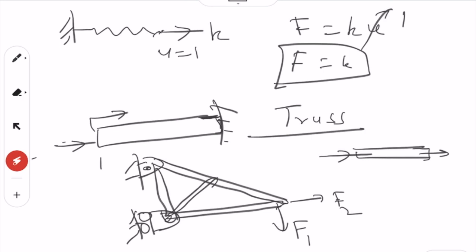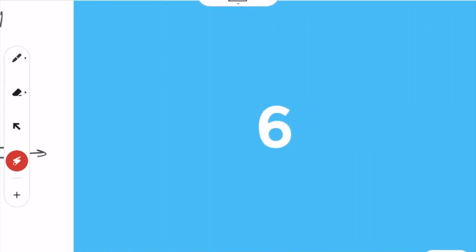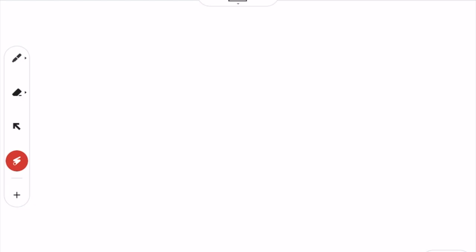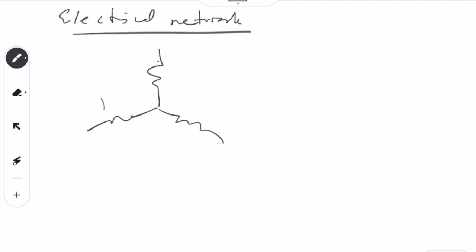All the elements whatever we studied were based on some kind of conservation principle or some kind of law basically. So, if you see in case of an electrical network, it was possible to make some star type of network, right. So, we have R1, R2, R3.